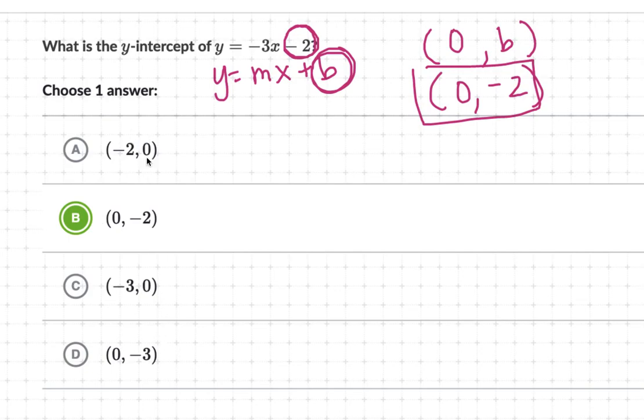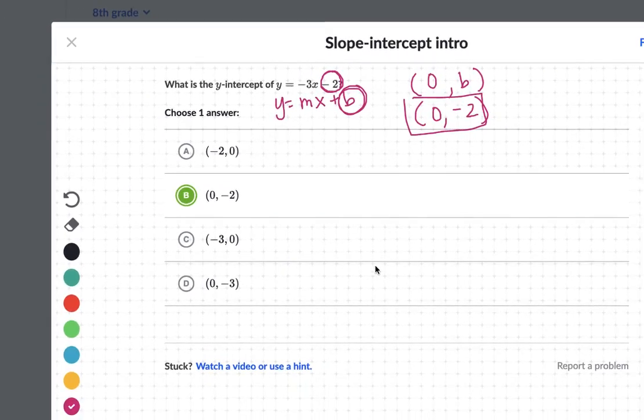They have answers here to trick you. If you mixed up your slope and your y-intercept, you would have chosen any of these with the -3. And then they're also trying to trick you into remembering where that 0 goes for your y-intercept. If you ever need a quick refresher, just draw any line through the y-intercept and remember that this is meeting up with 0 and then that number.